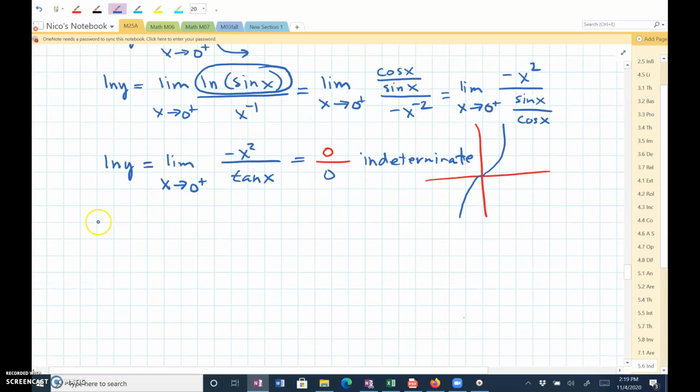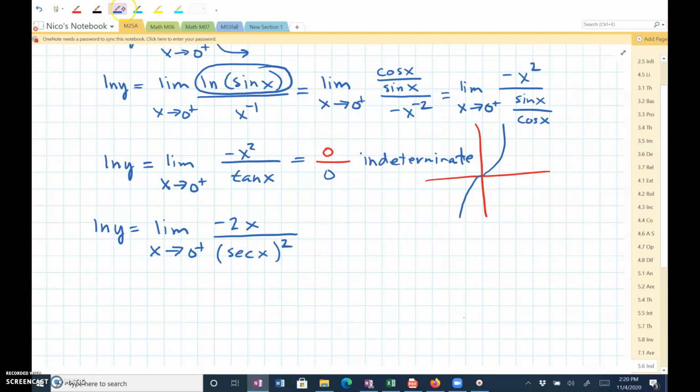So now I have to apply L'Hopital's again. The limit as x approaches 0 coming from the right. The derivative of this would be negative 2x all over the derivative of tangent of x, which is secant squared of x. Think about secant. The cosine function is this way, right?